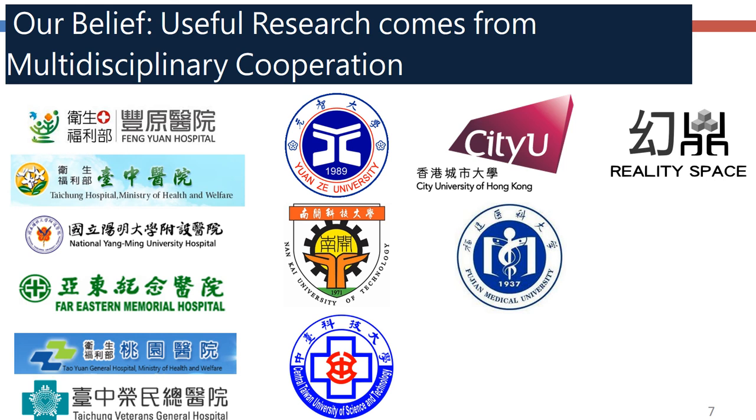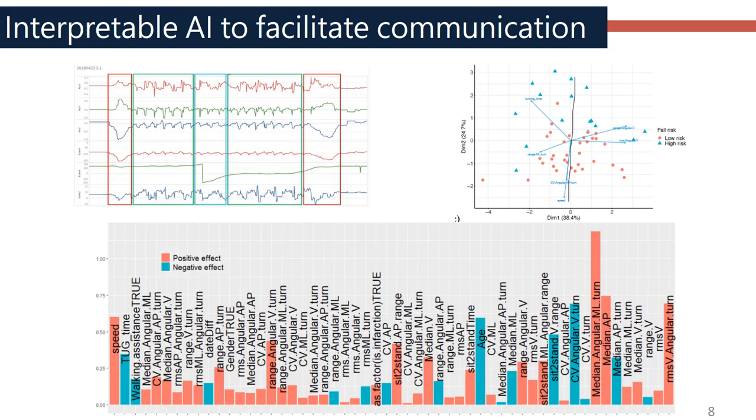And another advantage of IE students doing AI is that if you want to do useful research, you usually need multidisciplinary cooperation, and we IE majors find it easier to communicate with people from different domains than EE or CS majors.